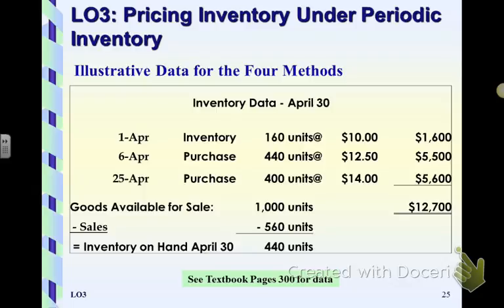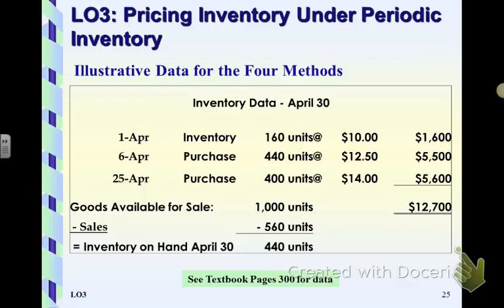But for most businesses, you're not going to know specifically which shirt or which jacket or which hat or whatever you actually sold. There are some businesses where you will. Boeing makes an aircraft.